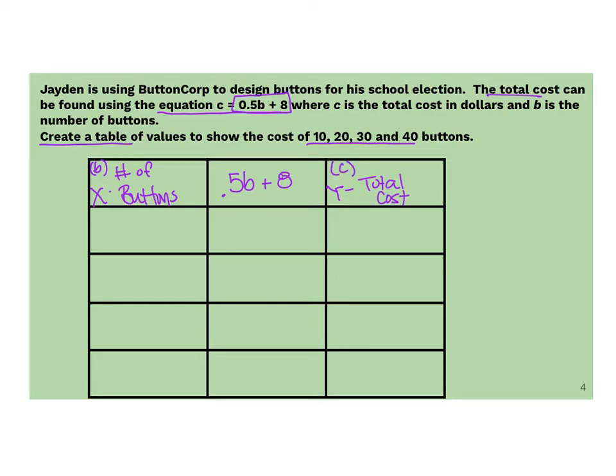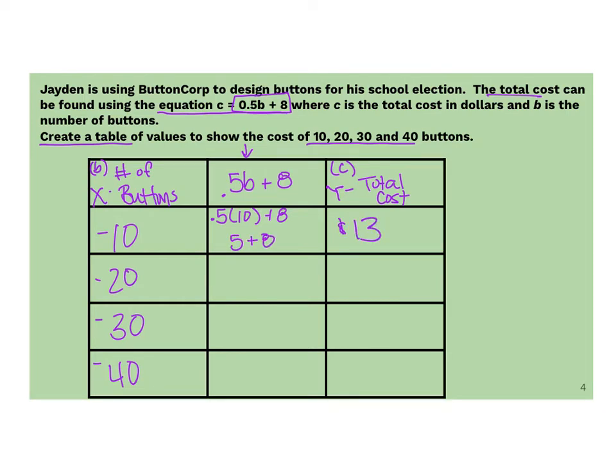All right? So now, what numbers do I fill in? Well, they told me 10, 20, 30, and 40 buttons. So I need to know how much that is going to cost. I'm going to plug in these numbers in place of B. So half of 10 plus 8, half of 10 is 5, 5 plus 8 is 13.